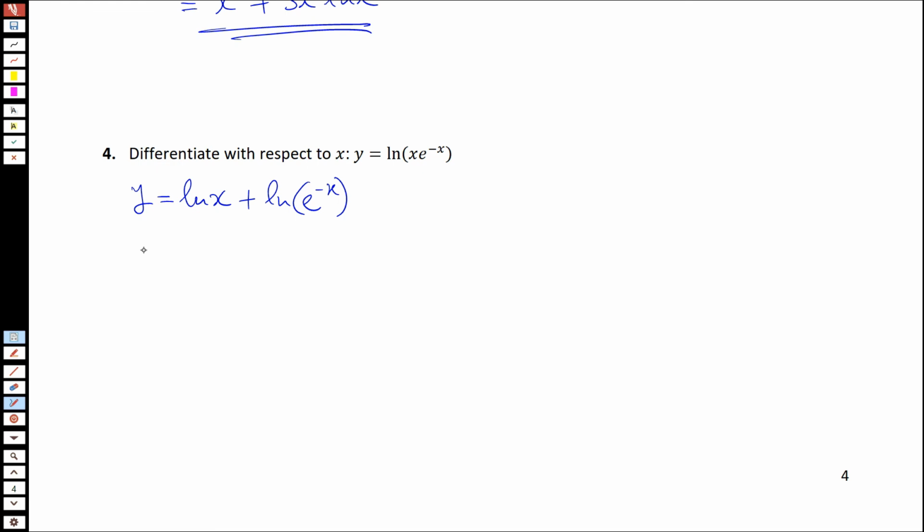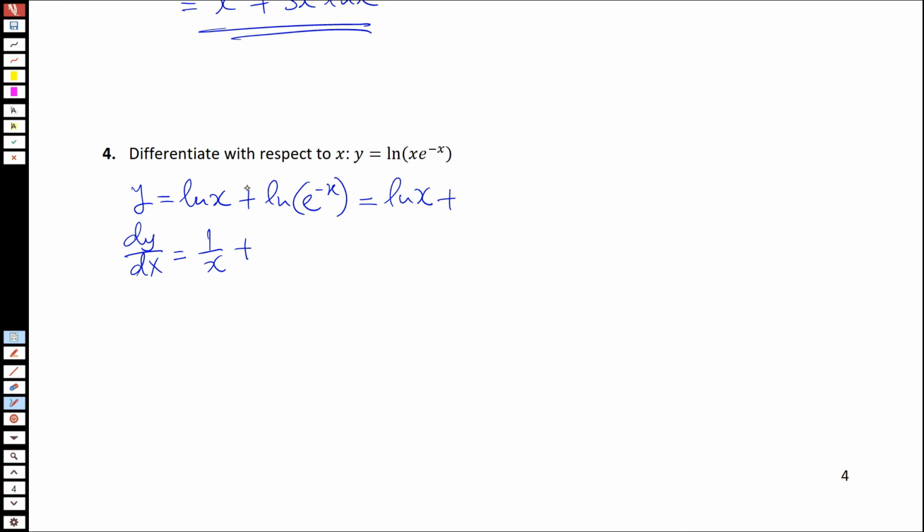So basically, dy over dx will be equal to 1 over x plus, here you can find the derivative of, well, actually here, let's rewrite this. This can be written as ln x plus negative x.